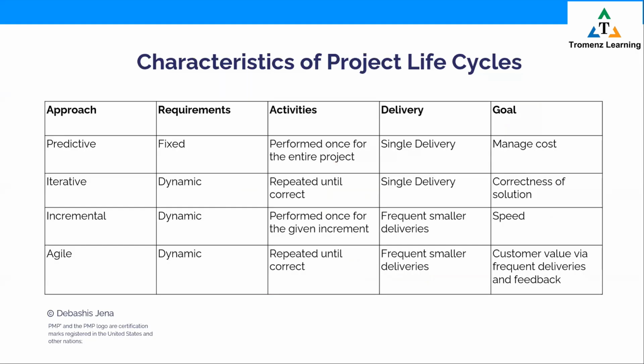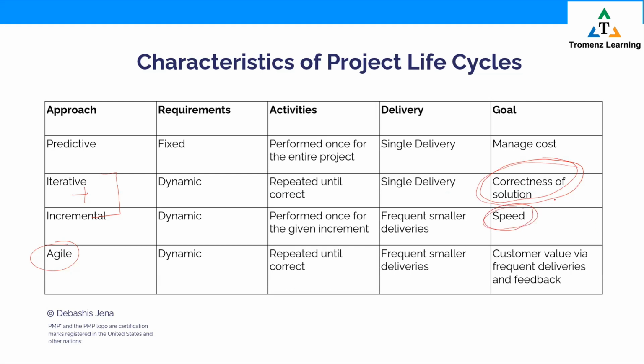Then the last one, what is the goal of Agile? Okay, the best way to understand Agile is both iterative and incremental. Add up. That's Agile. So in other words, the goal of Agile is both correctness of solution, that is a great product, as well as speed. You want to deliver fast.